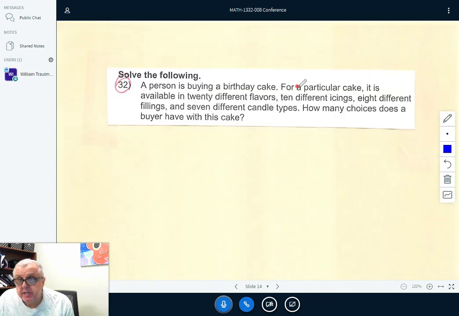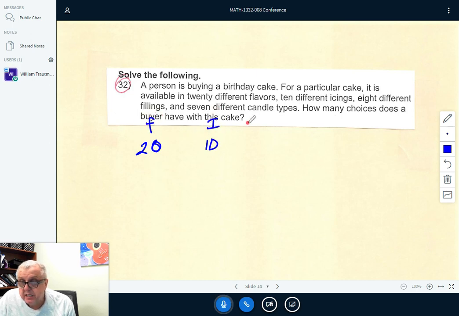So a person buying a birthday cake, there are 20 different flavors. 20 flavors that I can pick from. 10 icings, 8 different fillings, and 7 different candles. How many choices do I have?